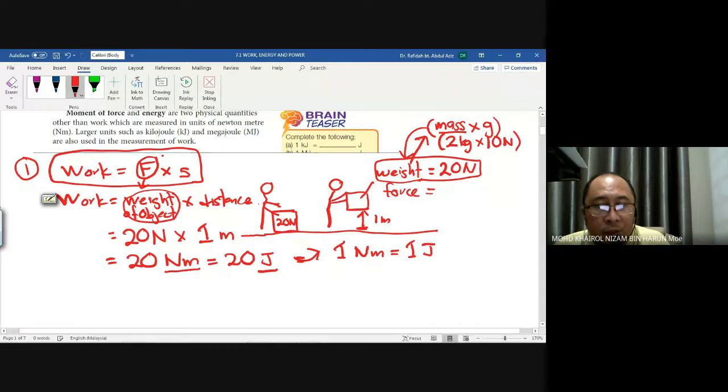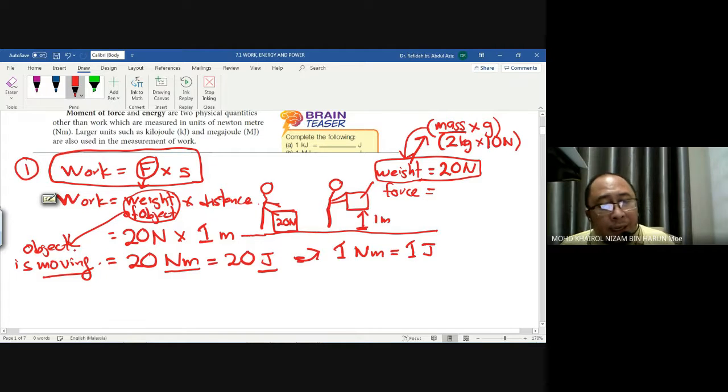In order to find force, you have to find the weight of the moving object. Make sure that object is moving, or involved in the movement.